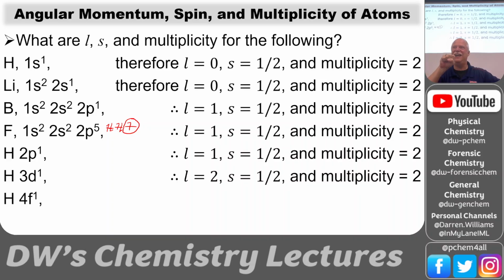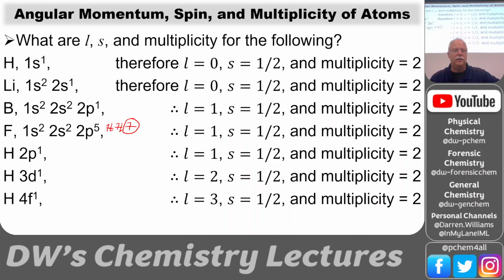Okay, s is 0, so I have an f orbital, s, p, d, f. That's L equals 3. What about a g? s, p, d, f, g, that's L equals 4. What about a d? s, p, d, that's L equals 2. Still one unpaired electron, spin 1/2, multiplicity 2.